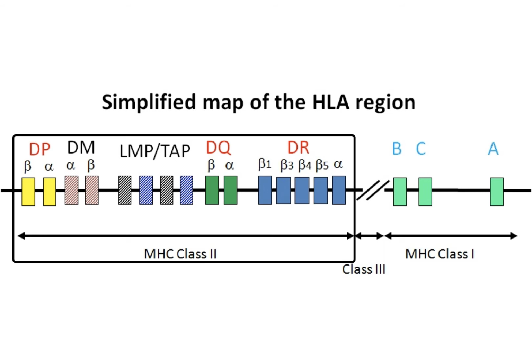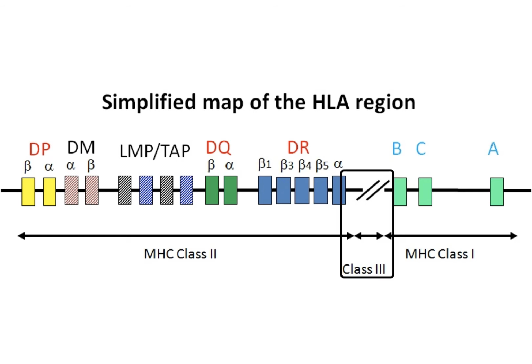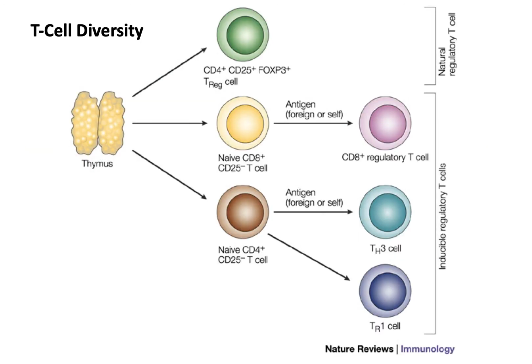The MHC class 2 is more complex in that there are pieces of those, again, similar to immunoglobulins, where different sections can be used for different MHC class molecules. There's also a class 3, which is even more complex and isn't shown in this particular slide. So T cells really are the central signalers in the immune system after they get a signal from an antigen presenting cell, such as a dendritic cell or infected cell.